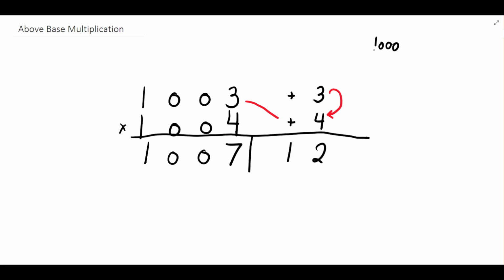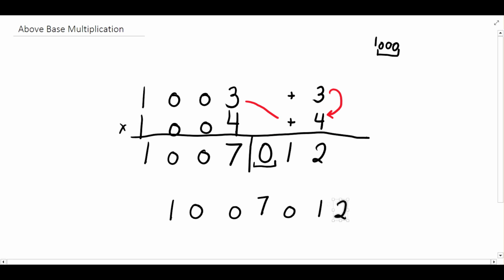Now, as I said previously, look at the number of zeros in our base. We have 3 zeros. So, the right part of our answer must have 3 digits. Since we don't have the third digit here, we can assume it as 0, and thus our final answer would be 1007012.